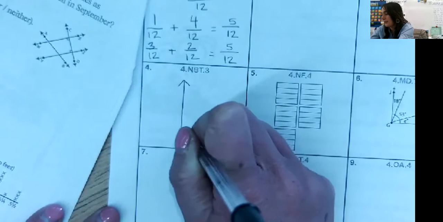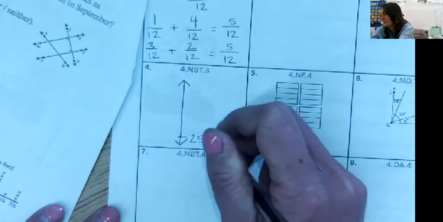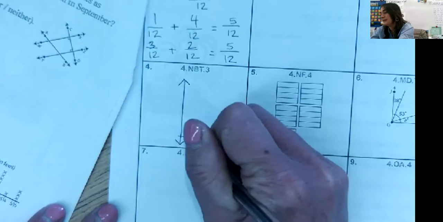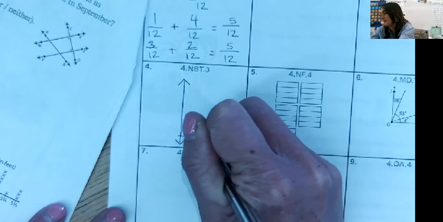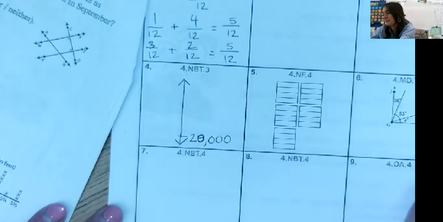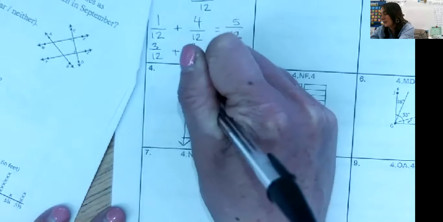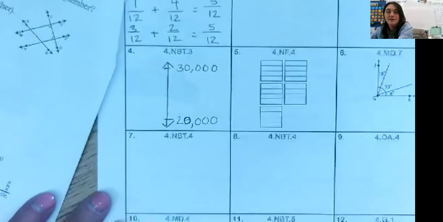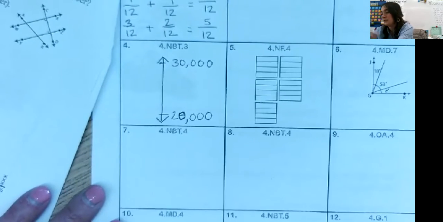I'm going to put 25,000. Oh, the biggest 10,000. So not 25,000. I'm going to put 20,000 and 30,000. Those are the 2 10,000s that this one sits between.